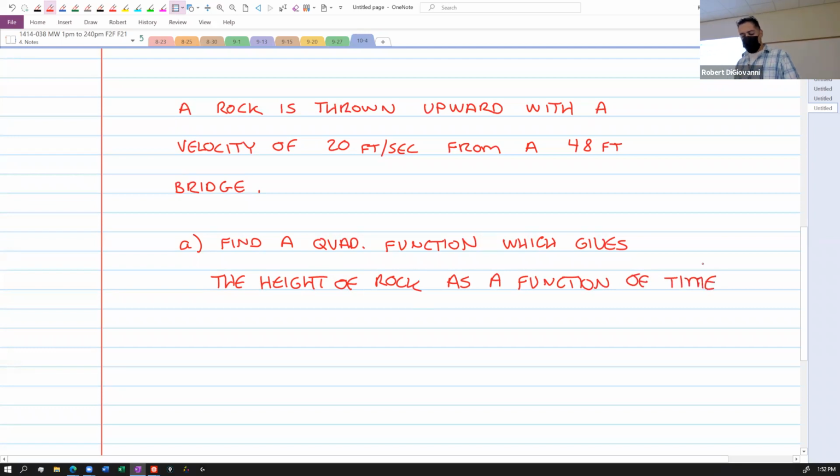So the first thing we want to do is convert this word problem into a function. The second thing we're going to do is find the maximum height. I want to know how high that rock's going to go.